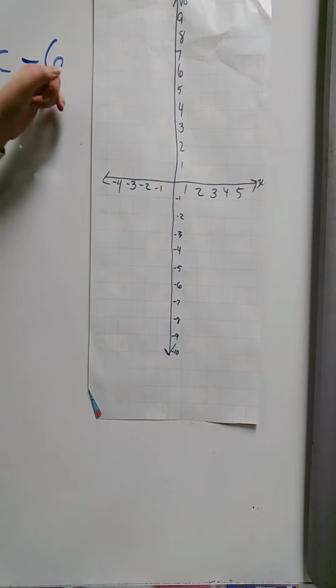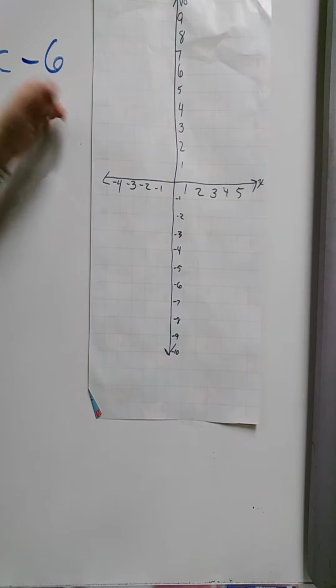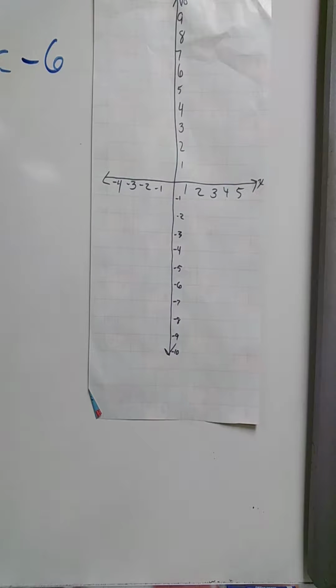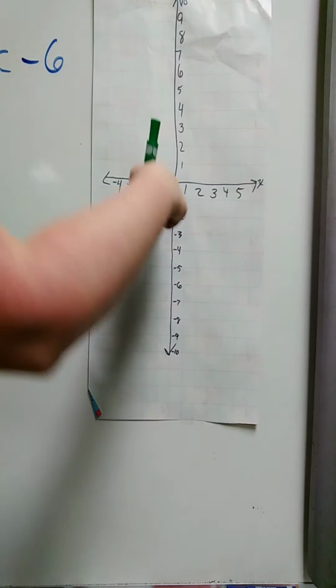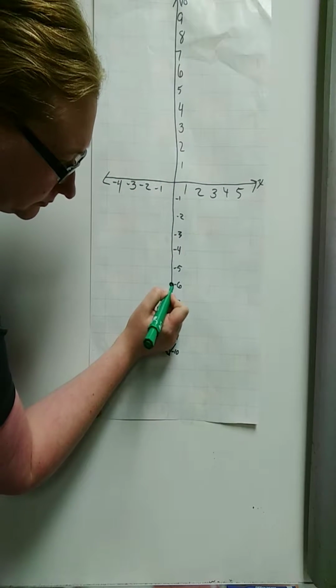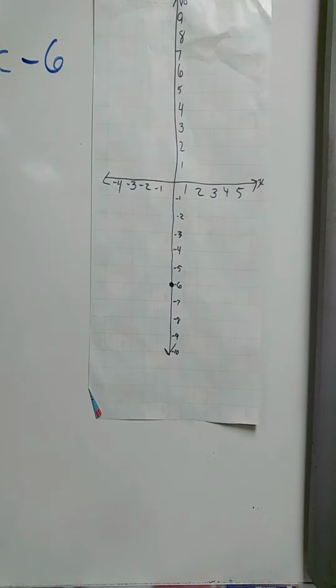My y-intercept is -6. So where do I put a point? When x is 0, y is -6. Then one of the ways that we described our slope was the rise divided by the run, correct?